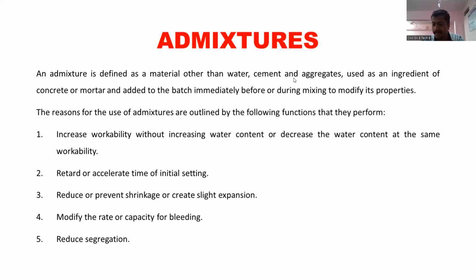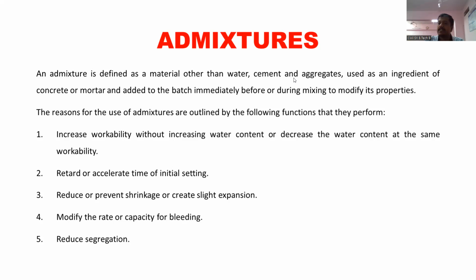Separation of cement paste from the concrete during the plastic stage. Yes, separation of cement paste during concrete construction. And the third one? Separation of water from concrete. Good, separation of water from the concrete body itself.